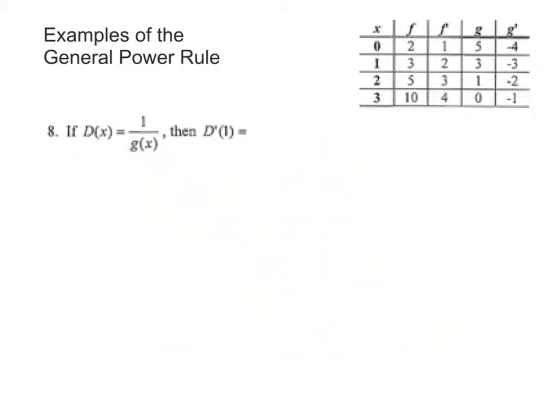I want to give some examples of the general power rule. We'll use the same chart here. Let's look at number 8 as an example. Here d of x equals 1 over g of x. You could do a quotient rule, but I'd like to show you an example of an alternative method. What I'm going to do is actually convert this into a power rule. And to do that, I'll bring g of x to the numerator.